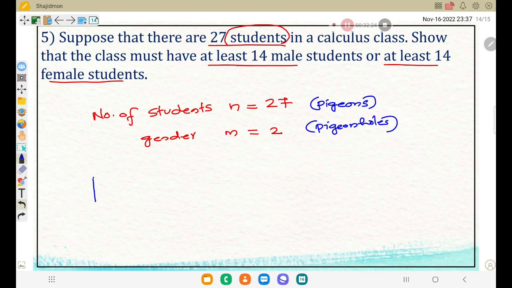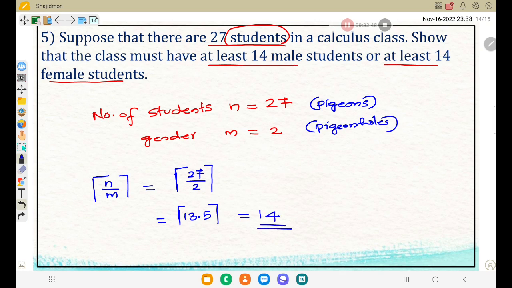As per the extended pigeonhole principle, the ceiling function n by m equals the ceiling function 27 divided by the number of pigeonholes. What is 27 divided by 2? The ceiling function of 13.5. That means the next number, 14, correct? So what can we conclude? The class must have at least 14 male students or at least 14 female students.